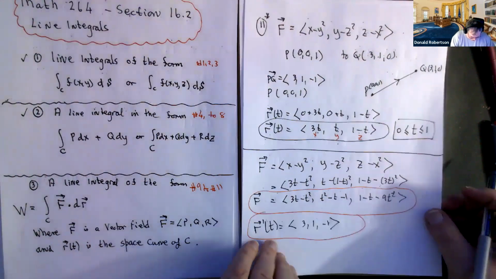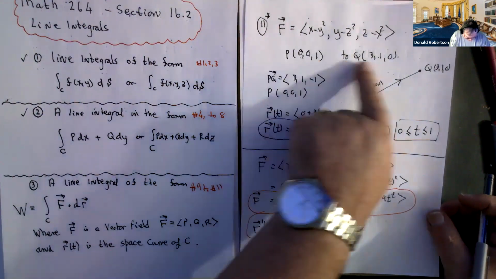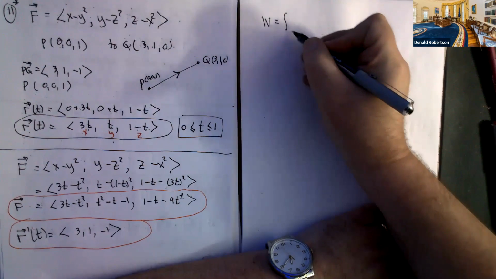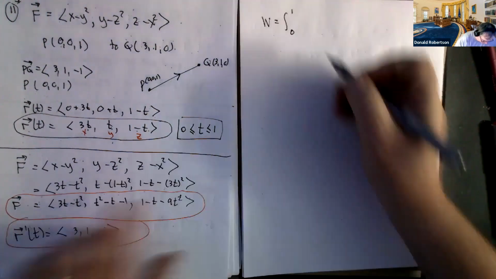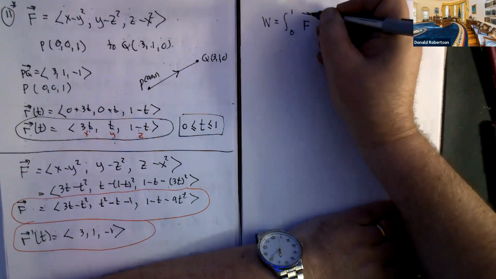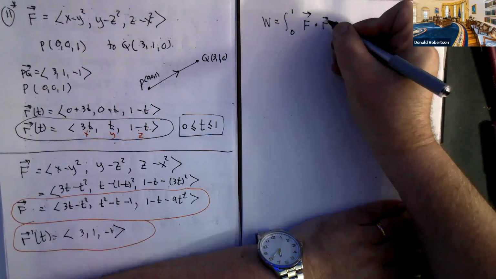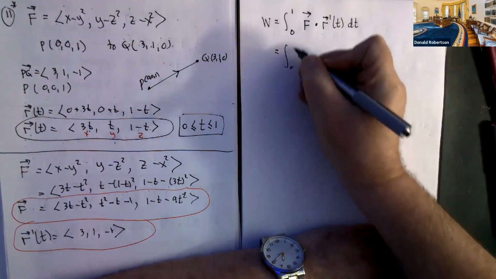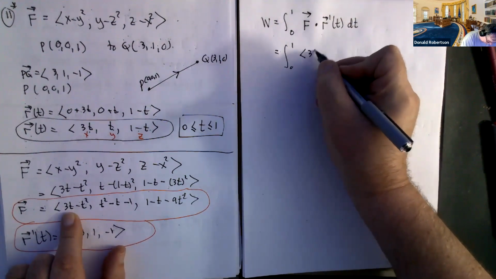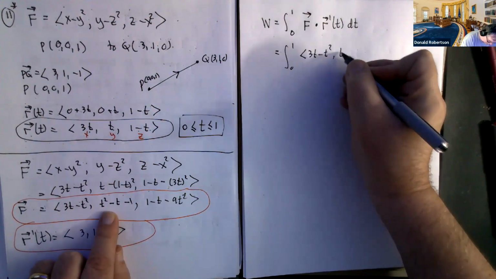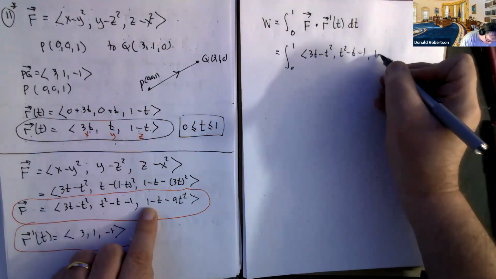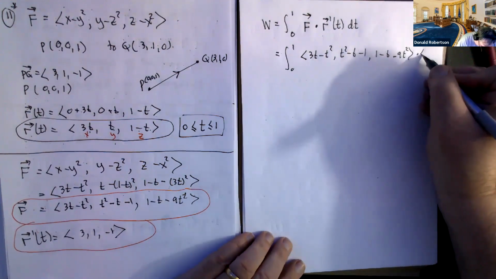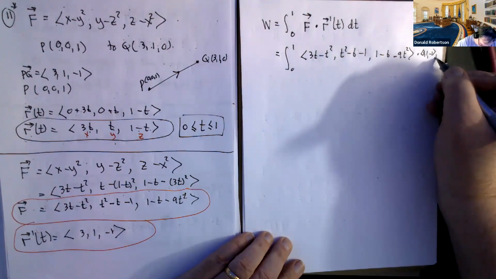So to get the work done in a line from this point to that point, passing through this vector field, the work done is the integral from t equals 0 to 1 of the dot product of f with r dashed of t dt. It's the integral from 0 to 1 of all this stuff, dot product with 3, 1, negative 1 dt.